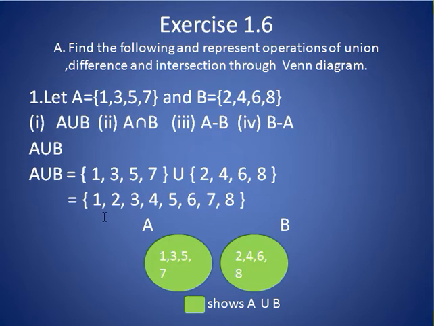So 1, 2, 3, 4, 5, 6, 7 and 8. You can see in both sets we don't have a common element, so these are called disjoint sets. And for disjoint sets we draw two separate circles. The first circle represents set A and the second circle represents set B.